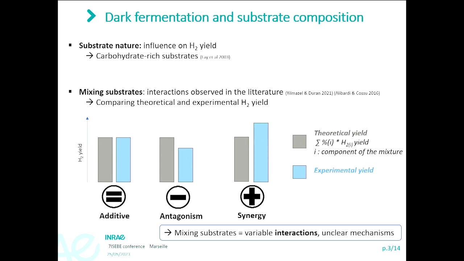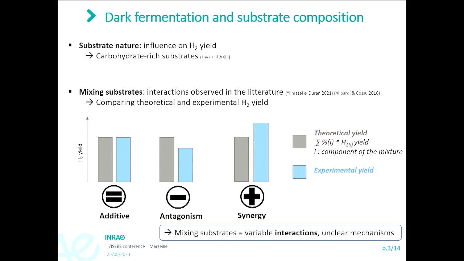These interactions were identified in the literature by comparing the theoretical and experimental hydrogen yield. The theoretical yield corresponds to the sum of the individual yields of each component of the mixture. In the literature, we sometimes observe no interaction, so the theoretical and experimental yields are equal. But in some cases, there were negative interactions or even positive interactions. In the latter case, the experimental yield is superior to the theoretical yield.